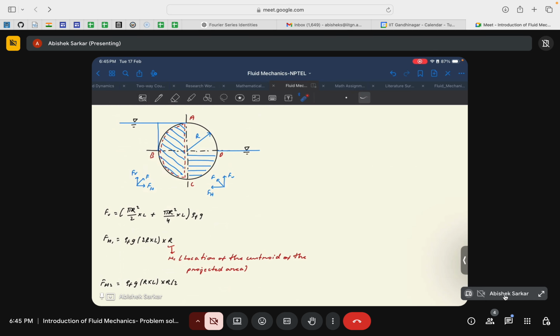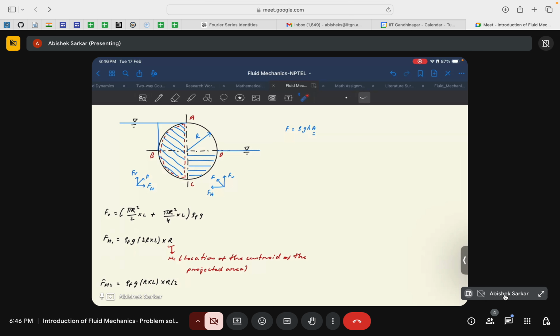For this half of the cylinder, say this is FH1 and this is FH2, then FH1 would again use the same formula: F is equal to rho g h times A. H and A would vary depending upon the free surface. Rho F g is the same, as shown here.